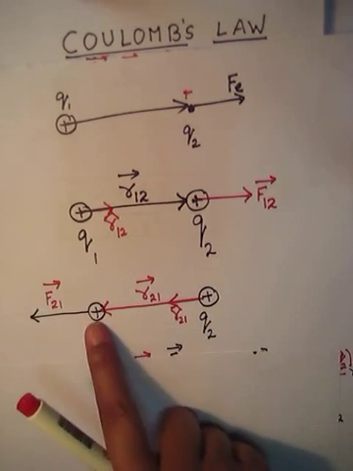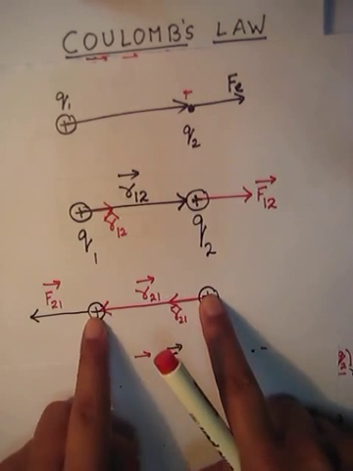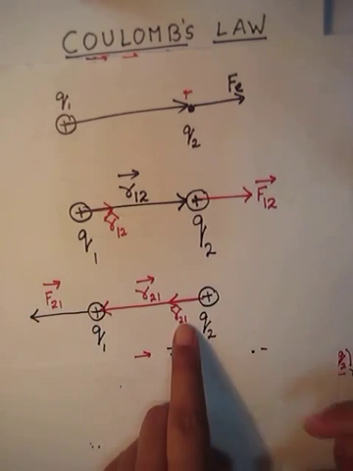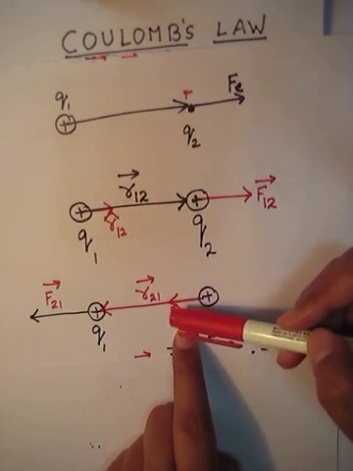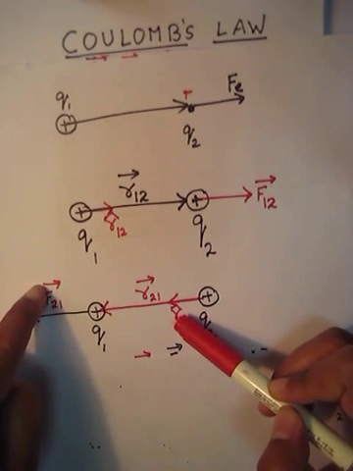Similarly here also, if the charges are the same sign, the vector from here to here will be the R21 vector, the force will be the F21 vector, and the vector and unit vector are in the same direction. So the force and unit vector will be in the same direction.